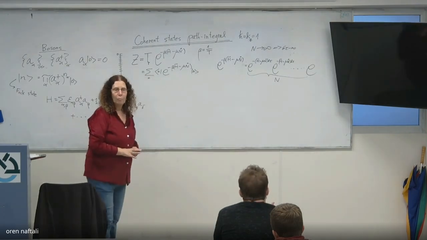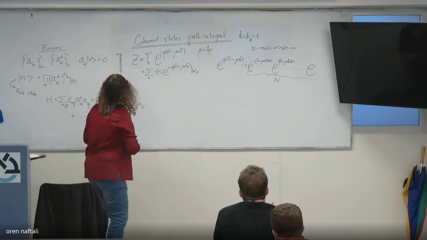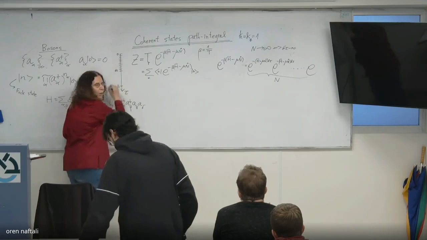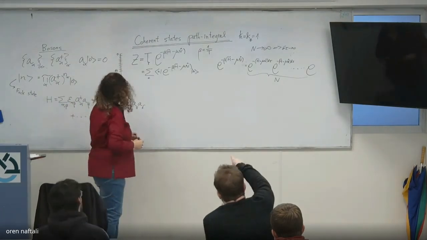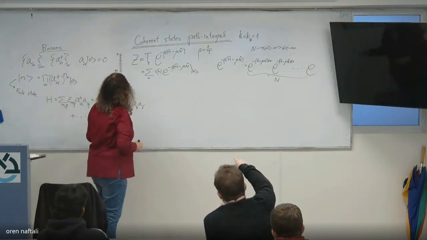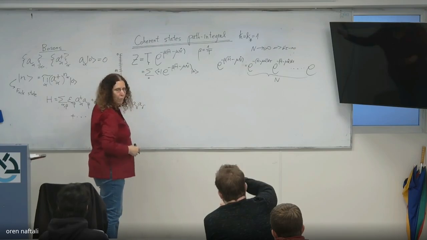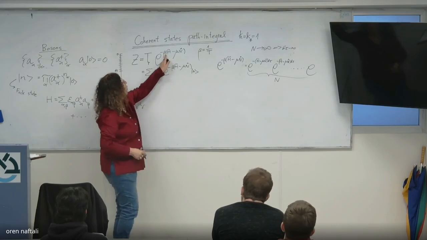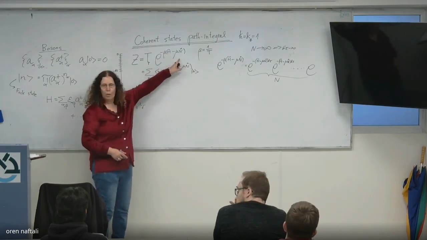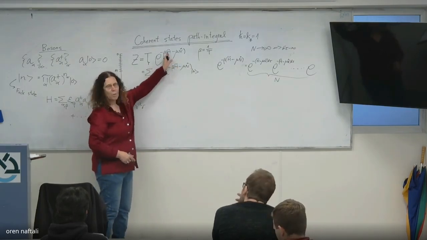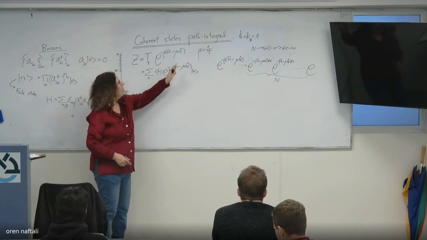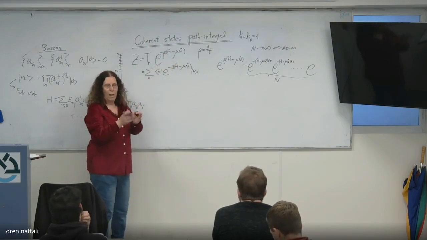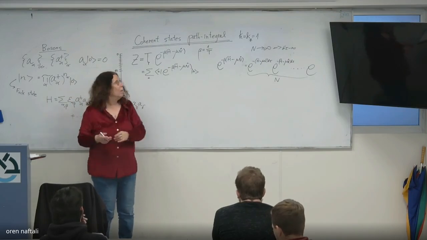How are you connecting the d tau to the beta? So d tau is the size of this tiny interval. It's not the same beta as the temperature, right? It's the inverse. Again, this exponential is like beta times the operator. Instead of writing it as beta, I write it as a sum of small intervals.